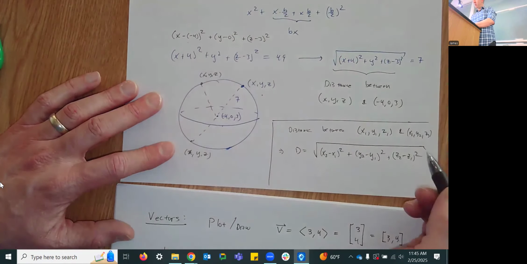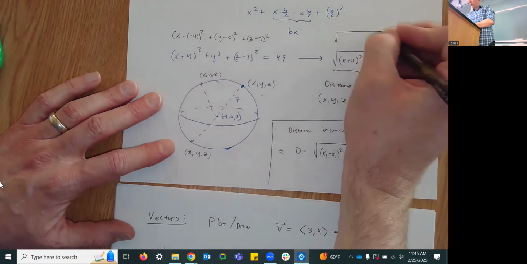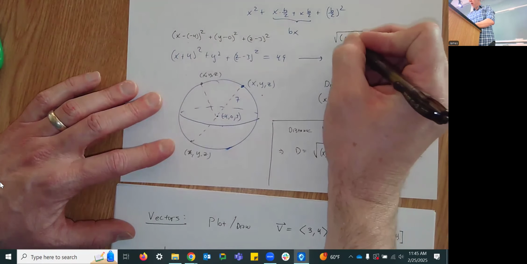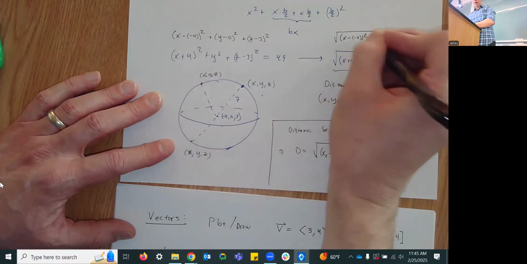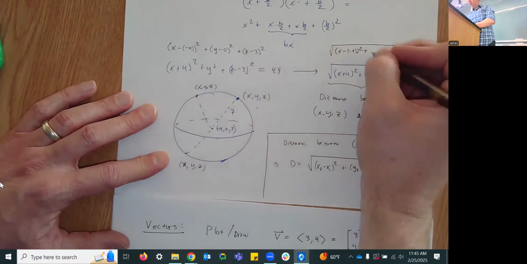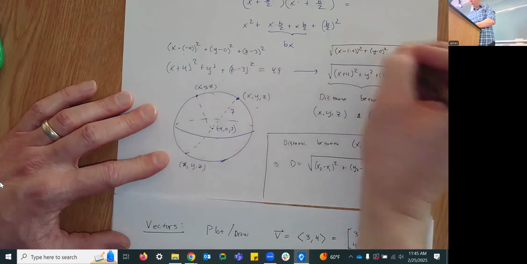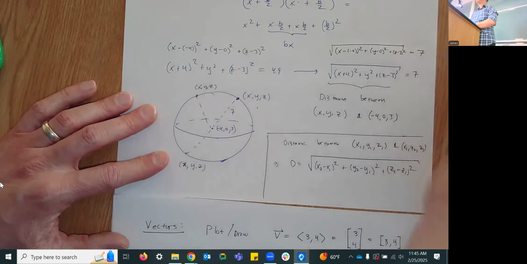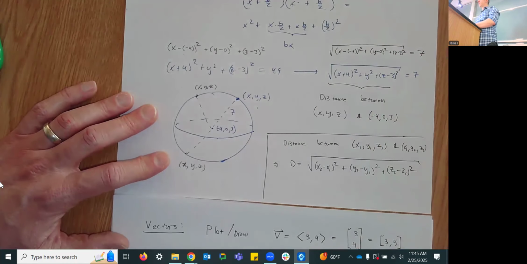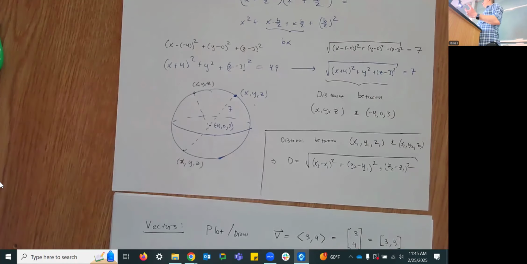If you square root both sides, you're exactly getting the square root of (x minus the other x coordinate) squared plus (y minus the other y coordinate) squared plus (z minus the other z coordinate) squared, equal to the distance between those 2 points. I wasn't trying to say anything super unique about this, other than that it naturally arises from the equations here.